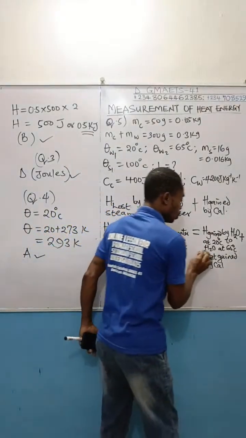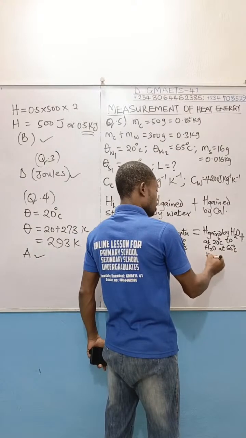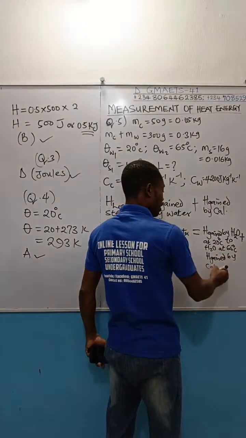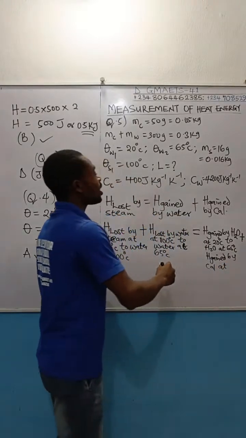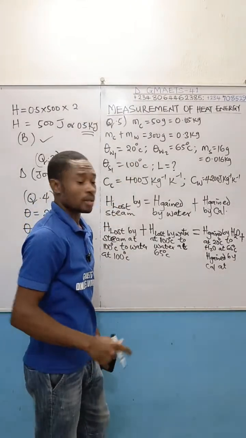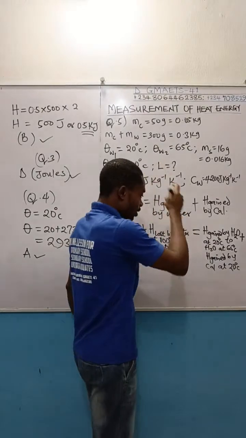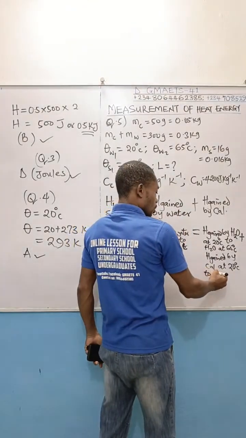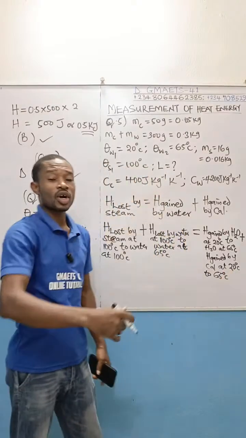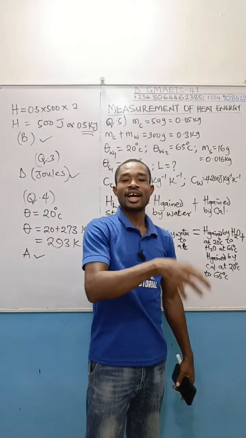I'm going to abbreviate, there is not much space. So heat gained by calorimeter at, remember the calorimeter, since it is containing water, the initial temperature of that calorimeter will be the initial temperature of water, which is 20 degrees centigrade, and then to 65 degrees centigrade, because the temperature of the calorimeter will be increasing as the temperature of the water inside the calorimeter is increasing.